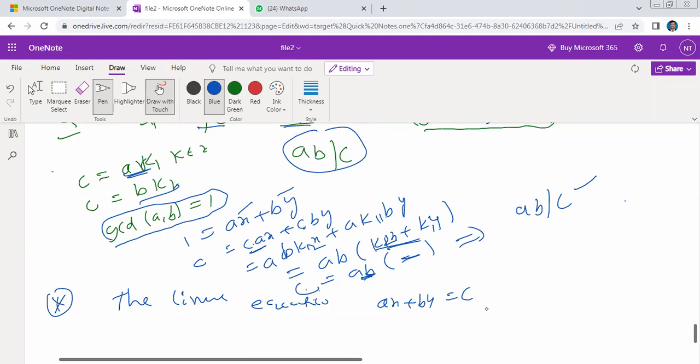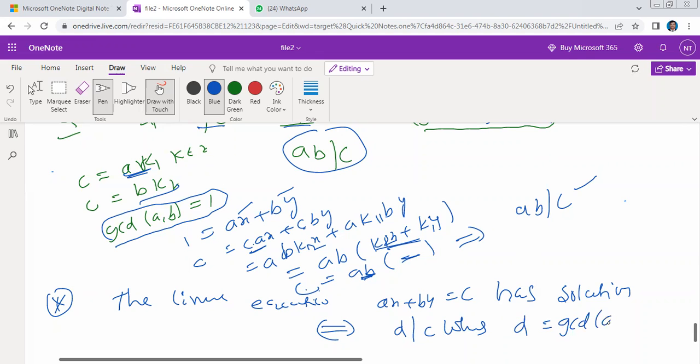The linear equation AX plus BY is equal to C has a solution if and only if D divides C, where D is equal to GCD of A comma B.